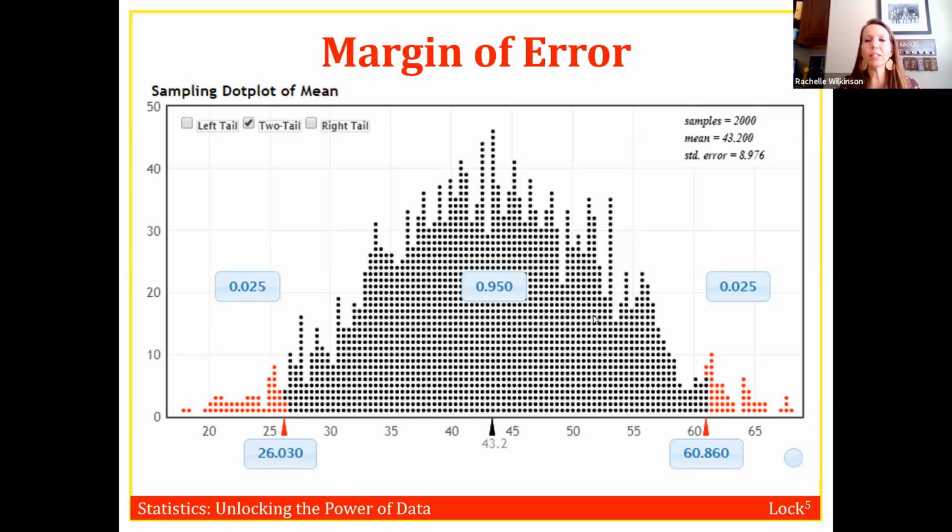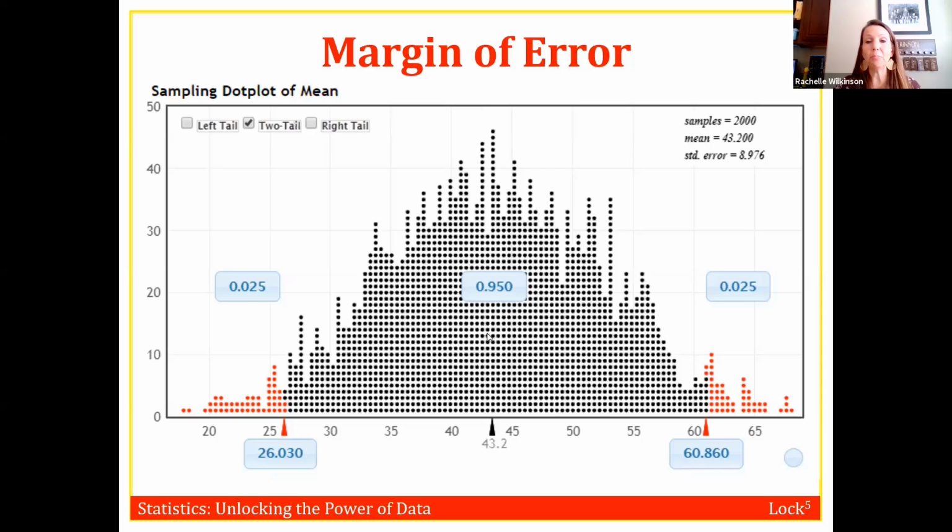Okay, so now let's think about some things that we know about distributions like this. So this is a bell-shaped symmetric distribution, and if you recall, according to the 95% rule, then 95% of values are going to be within 2 standard deviations of the mean.